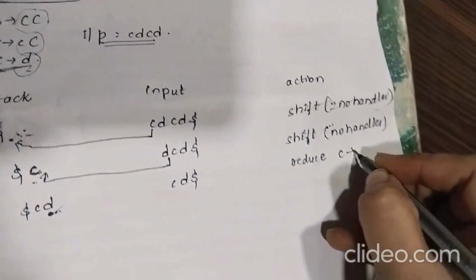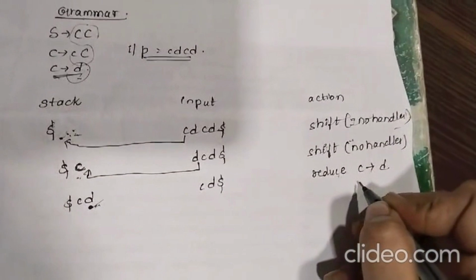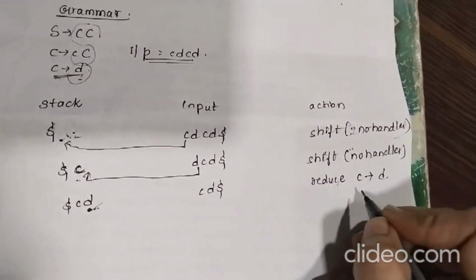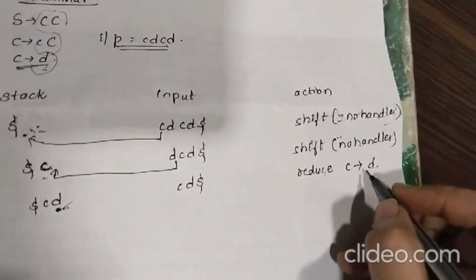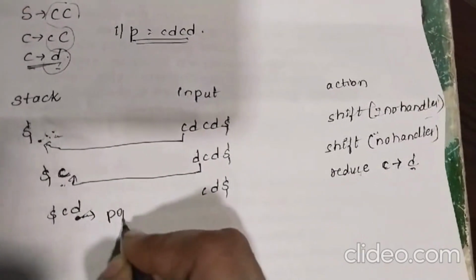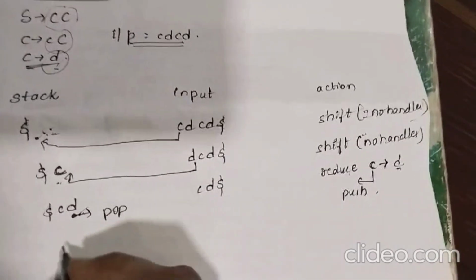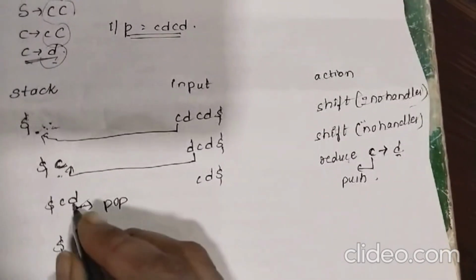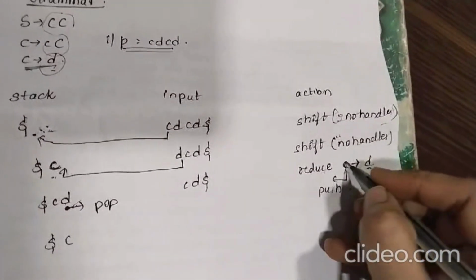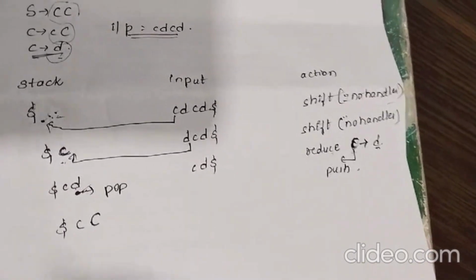So C produces D. For performing reduce action, we need to pop the elements and push. Because C is deriving this D, we need to pop this and push this. How will you do that? Dollar C, pop this and push this. This is capital C. So we'll get like this.